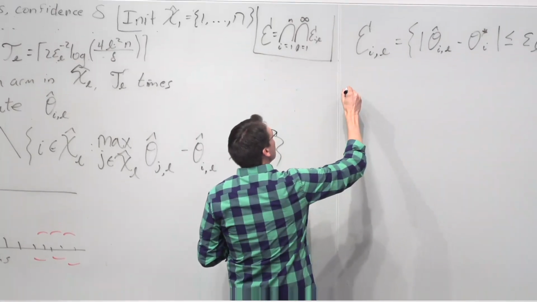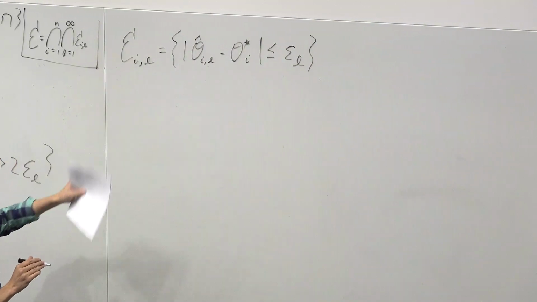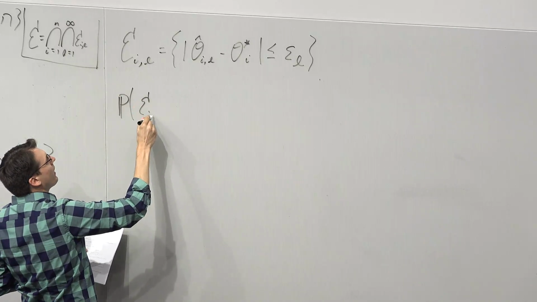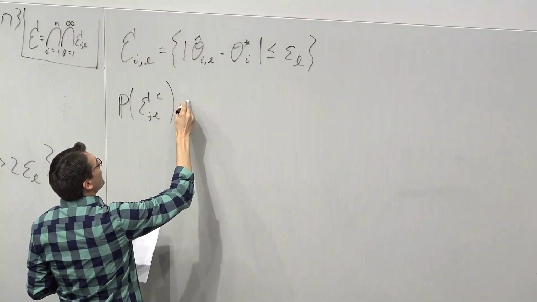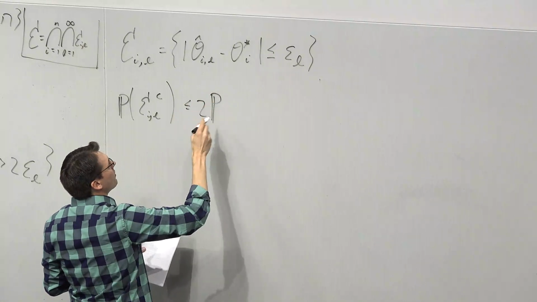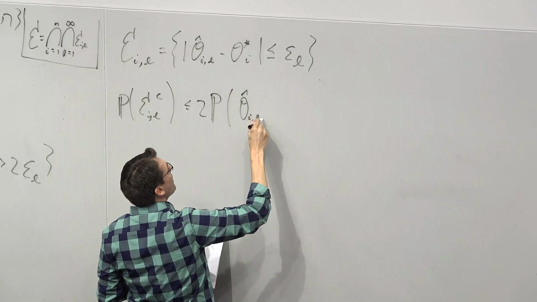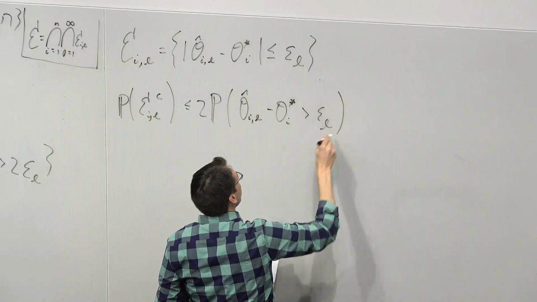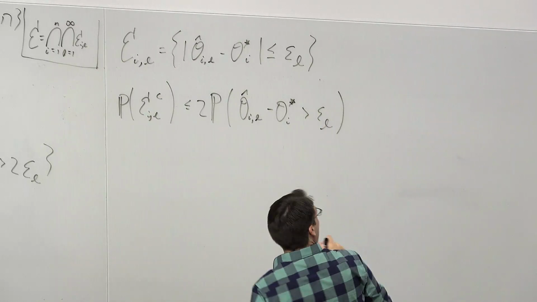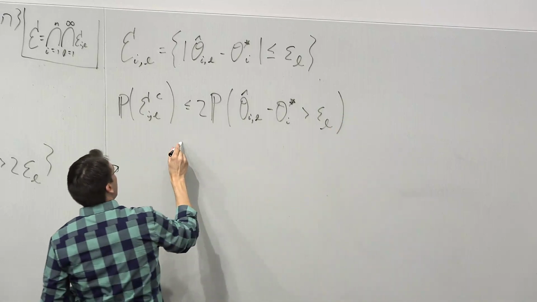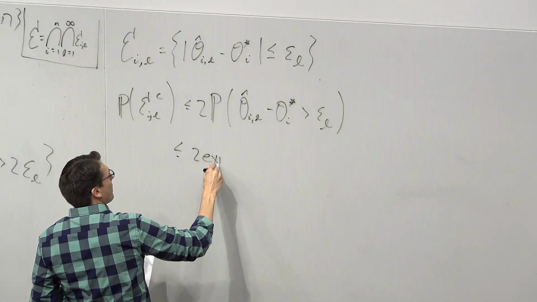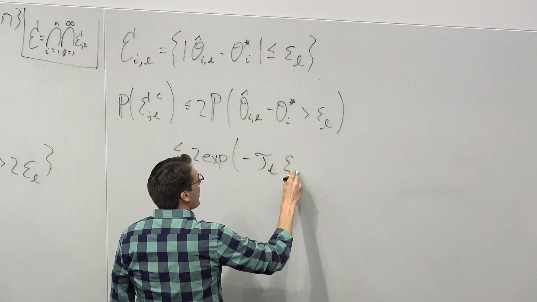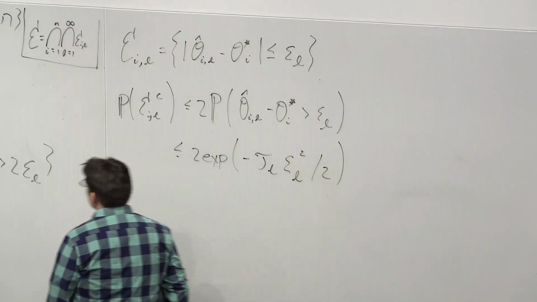And so I want to prove that this always holds. What is the probability that this happens? Well, the probability that E_IL complement is less than or equal to 2 times the probability for the two sides, theta hat IL minus theta star greater than epsilon L. But this is just going to be less than or equal to 2 times, just plugging in that tail bound, exp of minus tau L epsilon L squared over 2.